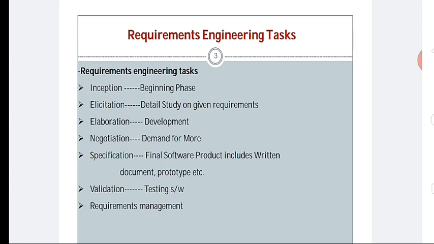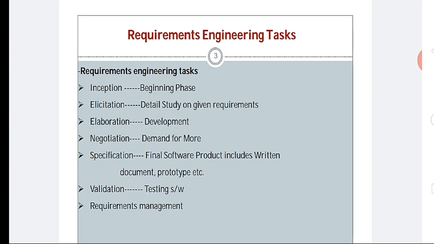After analyzing all the requirements in the elicitation phase, the actual development on those requirements is done in the elaboration phase. In the elaboration phase we actually perform the development of the software.